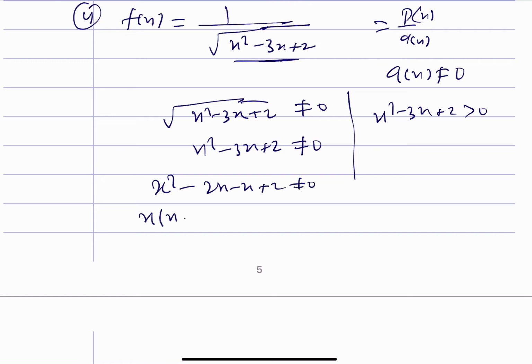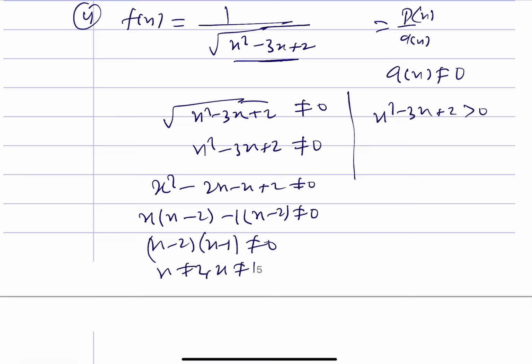Taking x common, x into x minus 2 minus 1 into x minus 2, so x minus 2 into x minus 1 not equal to 0. So x not equal to 2 and x not equal to 1. And here x minus 2 into x minus 1 should be greater than 0.